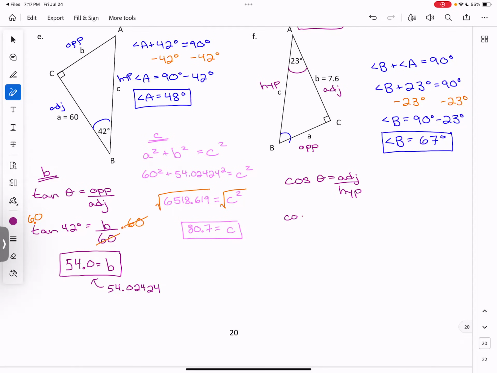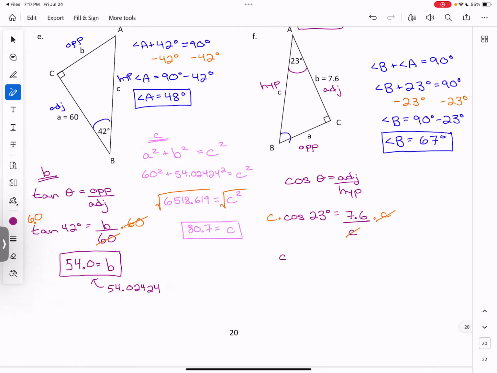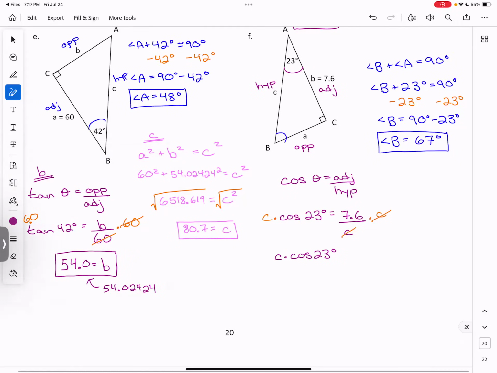So cosine of 23 degrees is 7.6 over little c. Let's multiply both sides by little c. And so we get c times cos 23 equals 7.6.